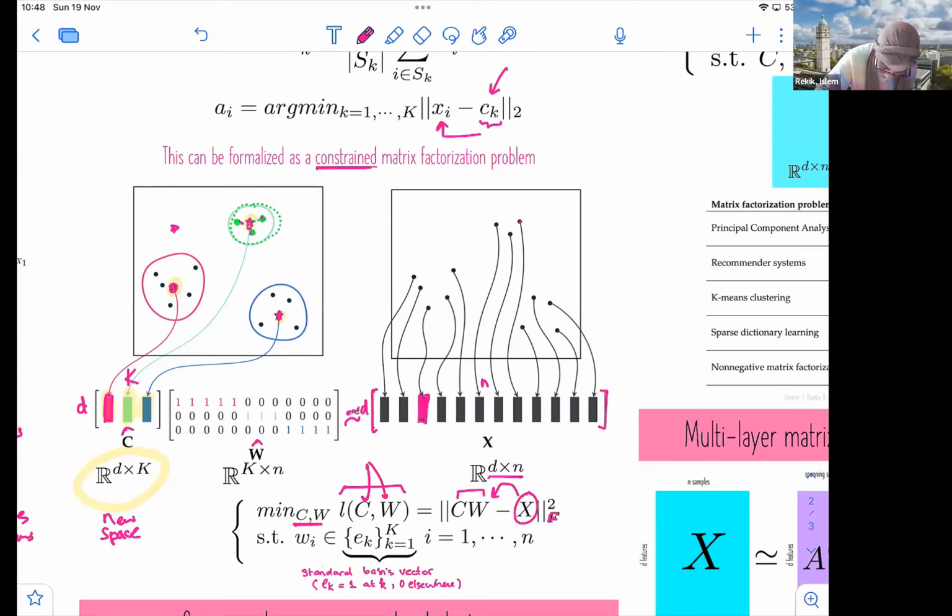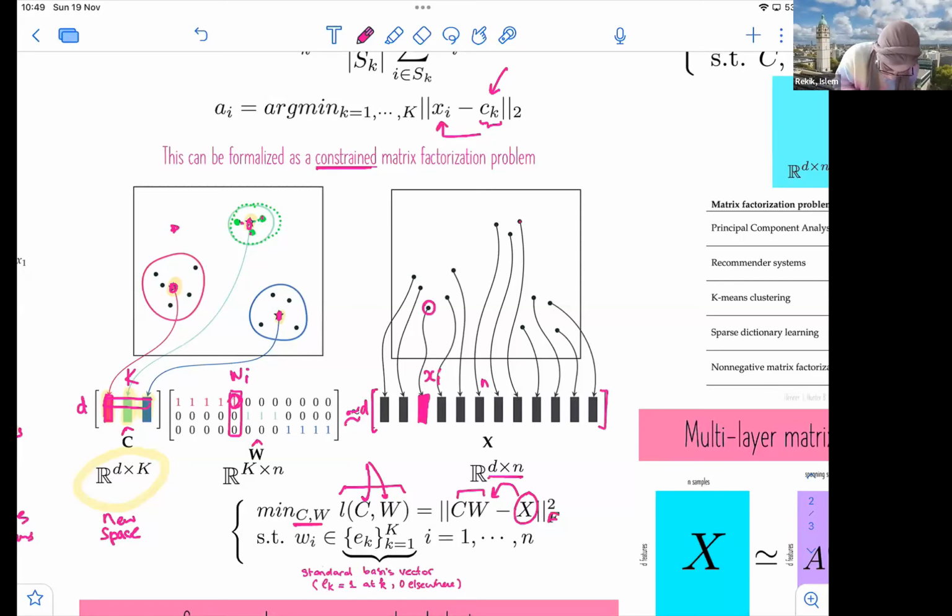So this point x_i will be a representation of these three times we take the w_i. So let's say this is the column w_i, all right? So these are the coordinates of this point. And when I reconstruct the point, I can see that this point right here belongs to the red cluster because it has a one there.